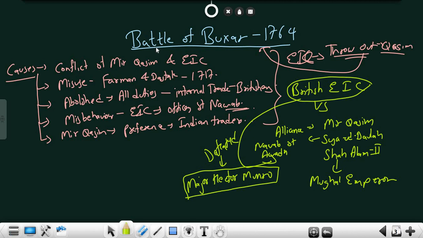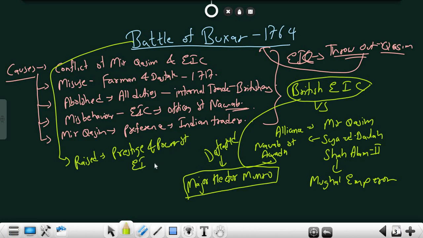The result of this battle, it raised the prestige and power of British East India Company, and they set Mughal emperor as a pensioner.